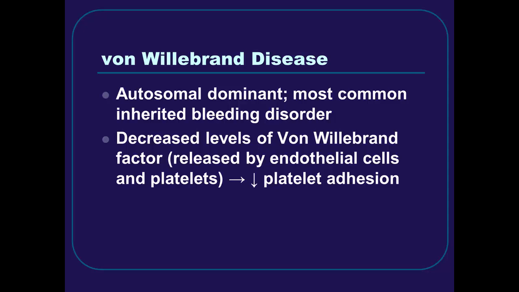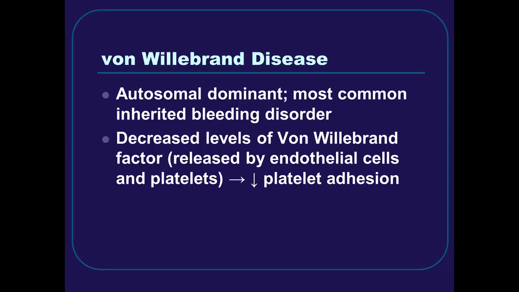So what happens here is, again, let's kind of move back and let's talk about what should be happening in endothelial injury. When you have an endothelial injury, von Willebrand factor, collagen, and fibronectin all have to work together so that platelets aggregate and stabilize.